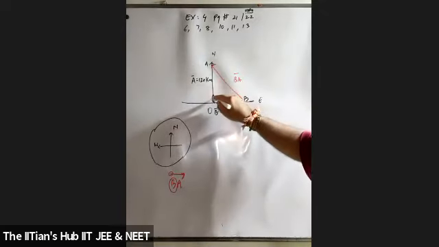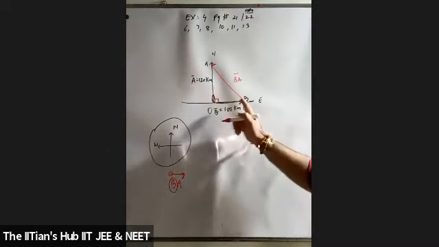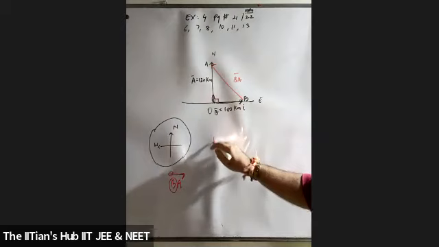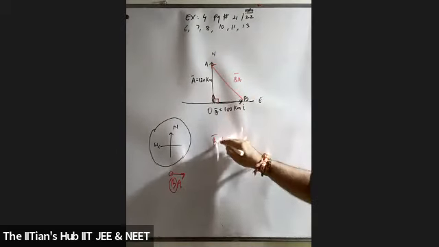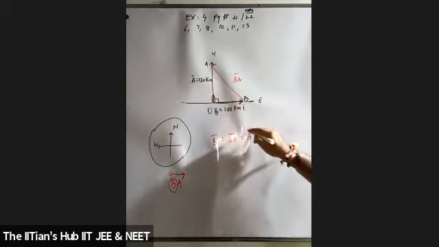Now students, can I use my triangle law of vector addition in this? Tail to head, tail to head. Can I say vector B plus vector BA is equal to vector A?